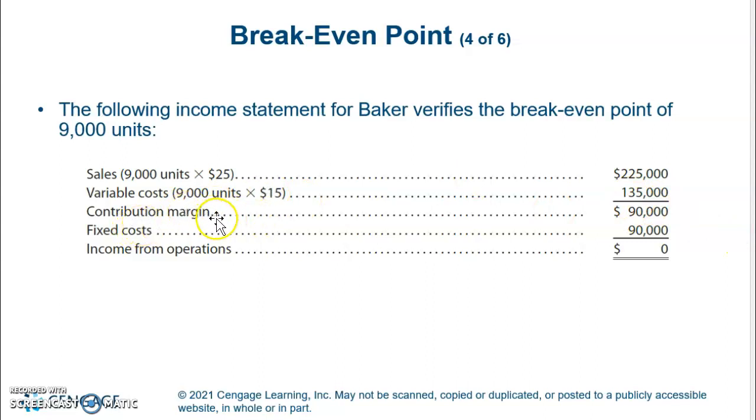So your contribution margin would be $90,000. Your fixed cost is $90,000. So that shows you that your income from operations is $0. So you had just enough to cover all your costs. So this is a way to check it to make sure that there's nothing left over. It breaks even.